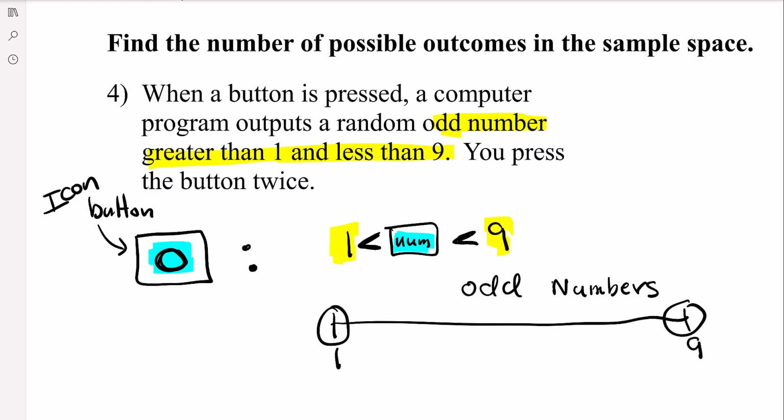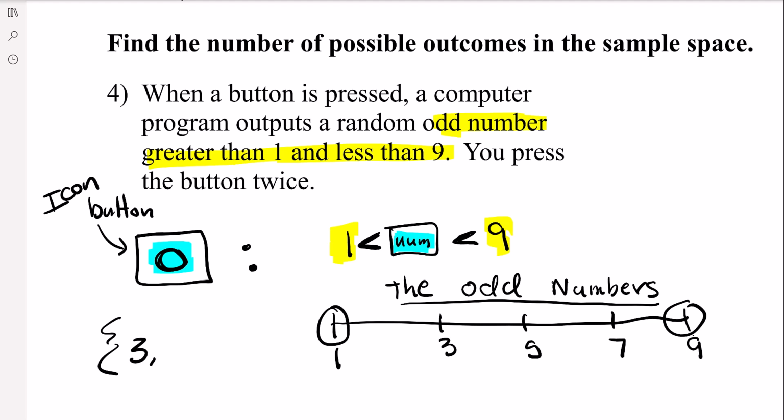What I would recommend is have the kids actually put it on the number line, and call this number line the odd numbers number line between 1 and 9. So we've got 3, 5, and 7, and that would be the sample space.